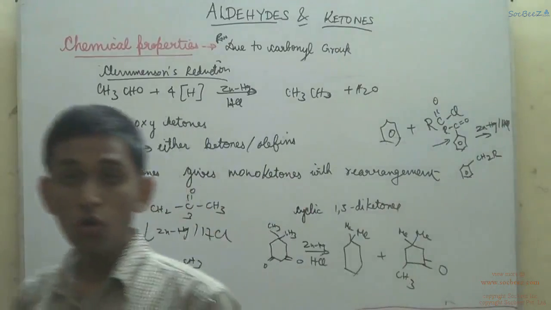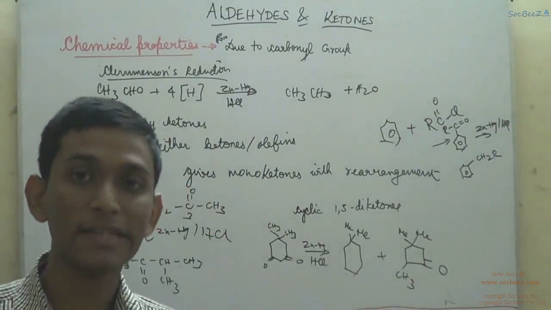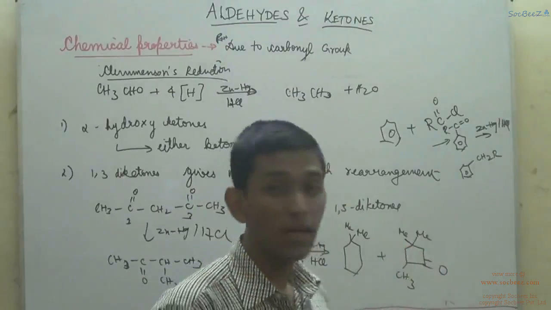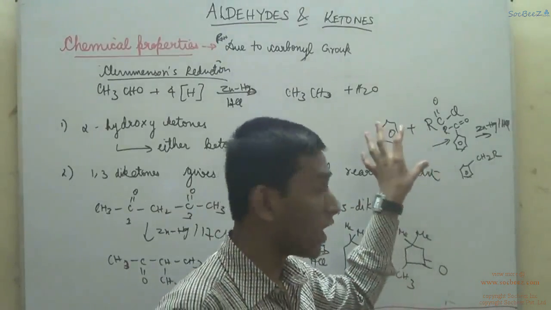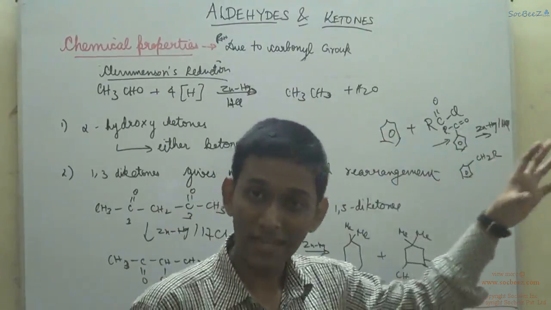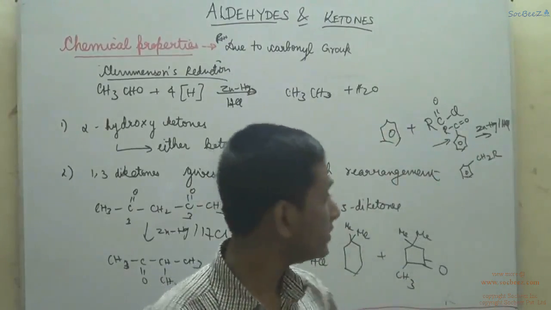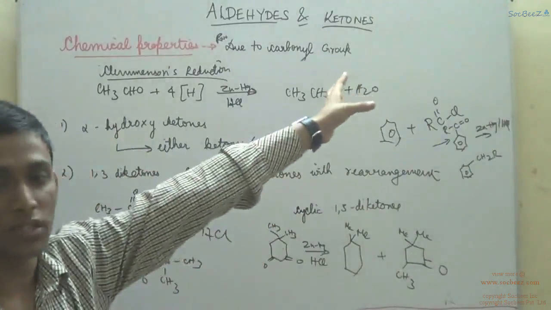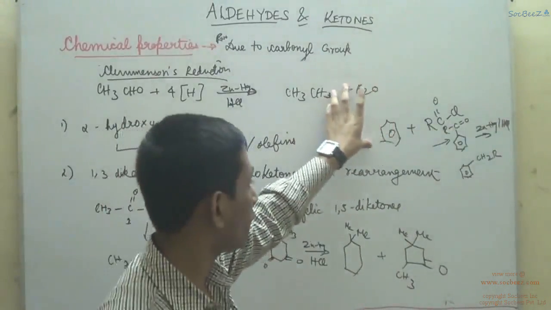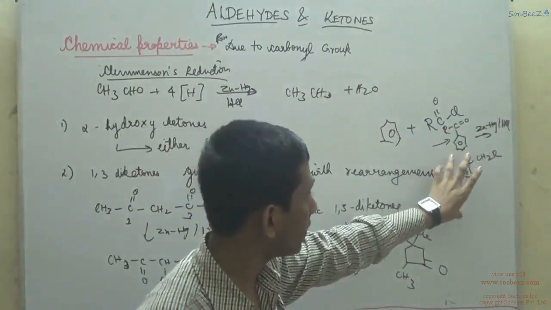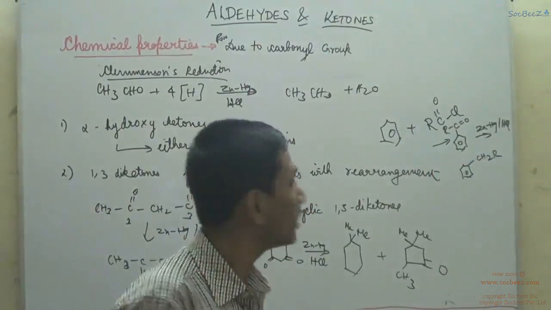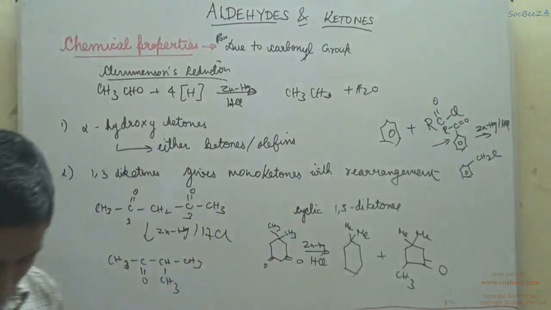Okay, so if you want to insert a straight chain alkyl group into an aromatic compound, you first acylate it and then do Clemmensen reduction. It's a very common method of preparation of straight chain alkyl compounds being introduced into aromatic compounds.